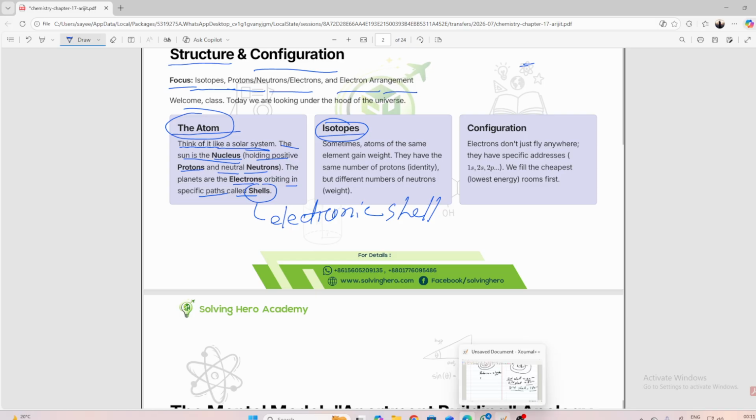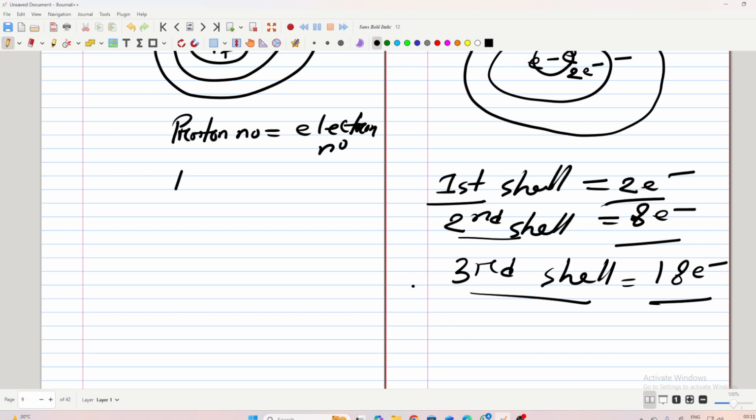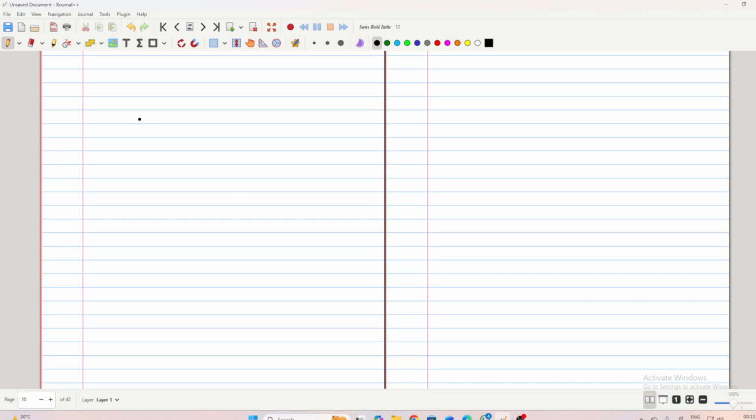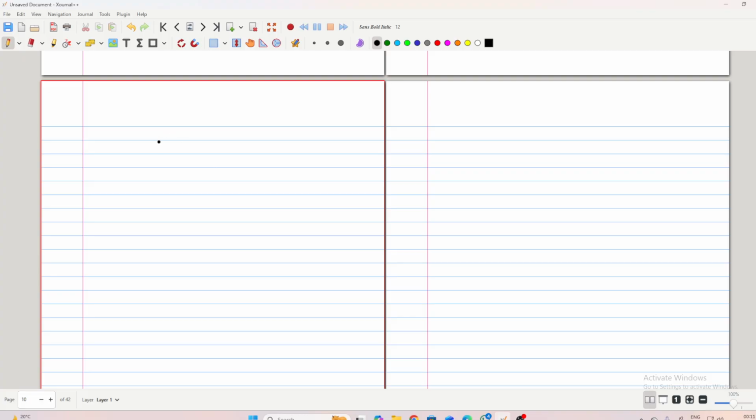So let's jump into the topic. So what is isotope? Before I explain isotope, you have to learn how I represent an atom. An atom is represented in this way.